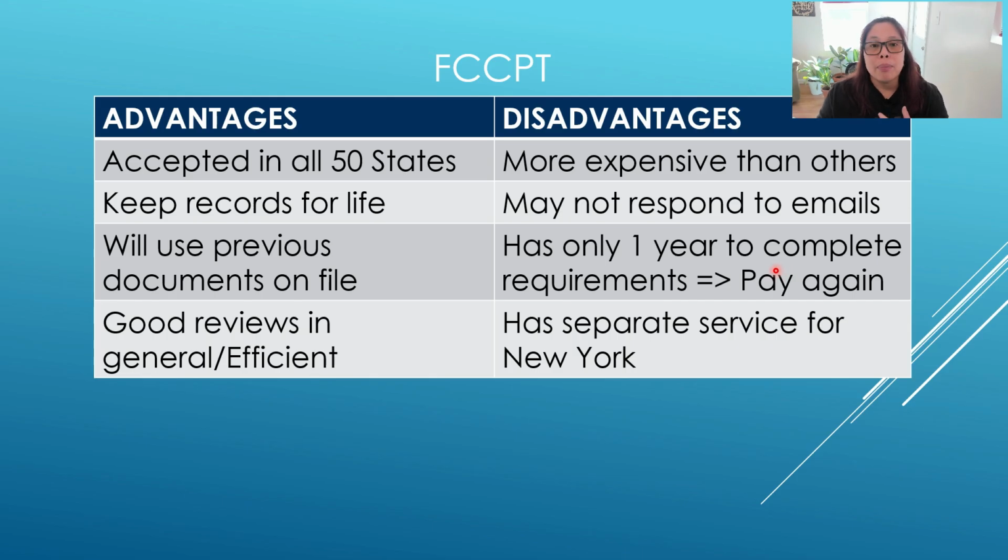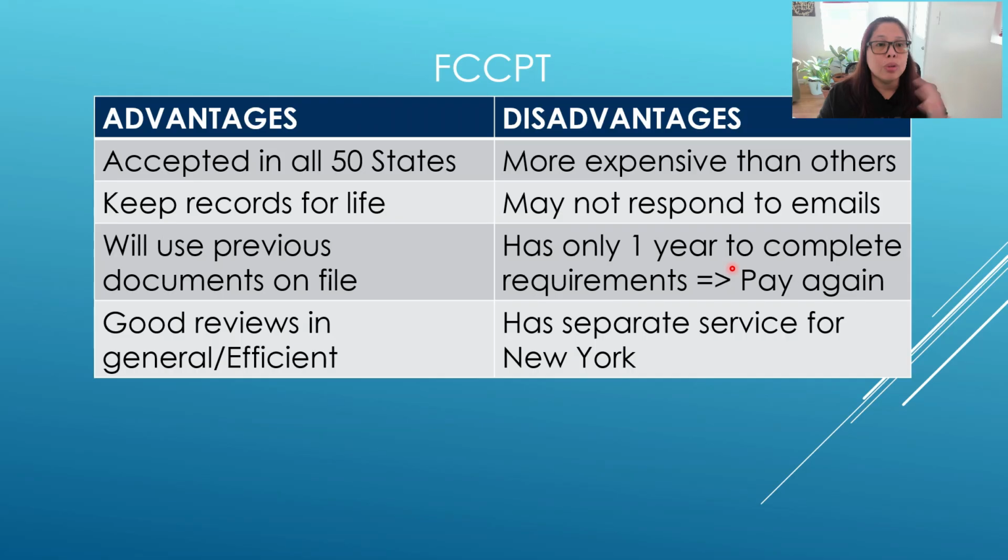So, for example, you did the educational credential review and you found out that you have deficiencies, okay? And you completed those deficiencies. Then you can apply again, but you have to pay again for a different service. For example, your deficiencies are all completed because they told you these are your deficient subjects.